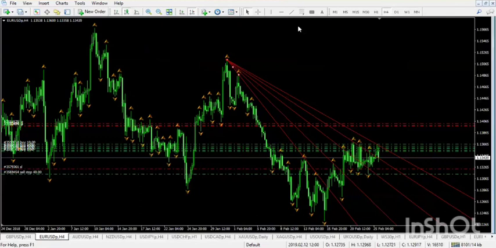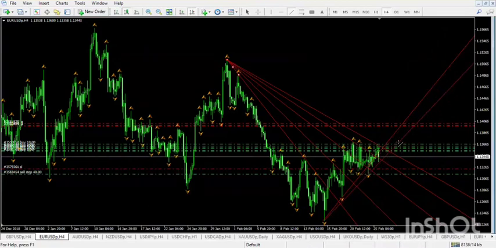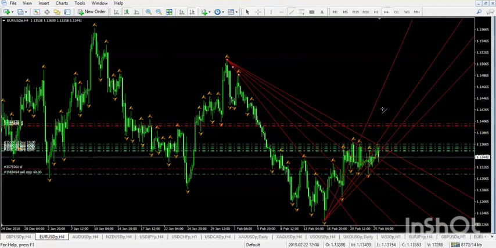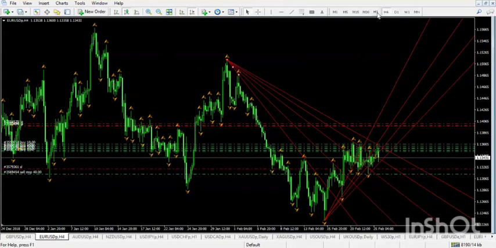So from the bottom, I have the swing lows and I connect them to the swing highs there. I'm connecting them to these points here.